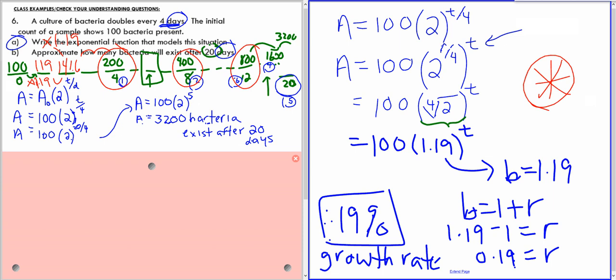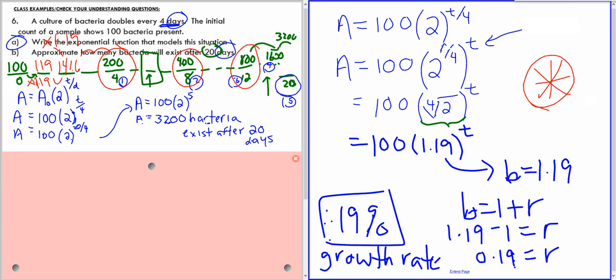If I just wanted to know something in the future, I could have used the doubling time formula and just predicted something based on that. Okay, I hope that you can see that there's 2 different versions of how you could have done the question.